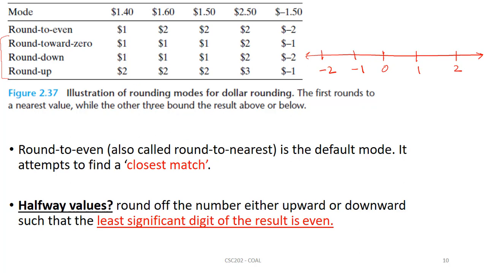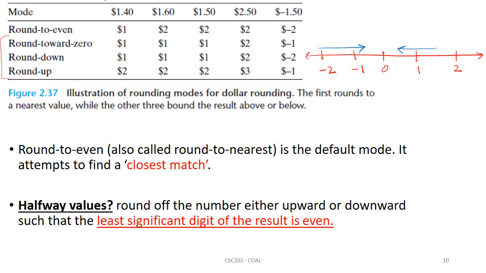Round towards 0, and we got 1.40 and we want to round it. Round towards 0 means if I have a positive floating point number, it tends to move towards 0, and if my number is negative, then again it tends to move toward 0 from the left hand side.